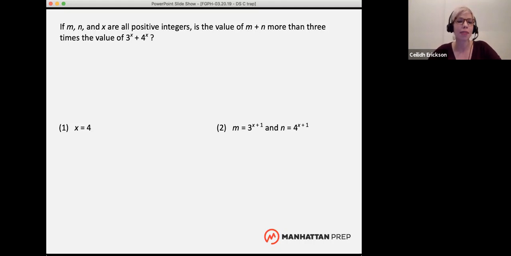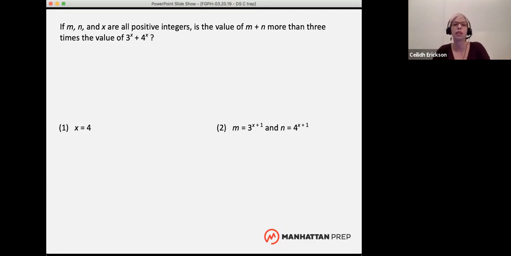So thinking about this question, we've got M, we've got N, we've got X, we've got 3 to the X, 4 to the X. There's a lot going on here, and more than 3 times the value, super complicated problem. Let's start with this. If we didn't even rephrase, tell me some answers that you could rule out.